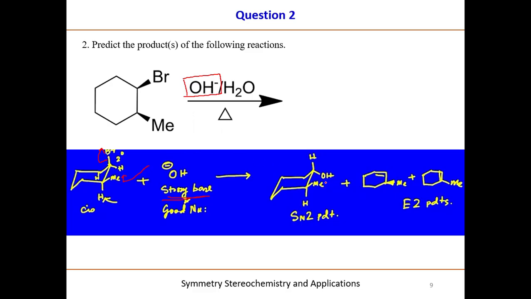Because the bond making and bond breaking will take place simultaneously in the SN2 pathway, we will get this as a product, right? This is the product possible for this reaction.